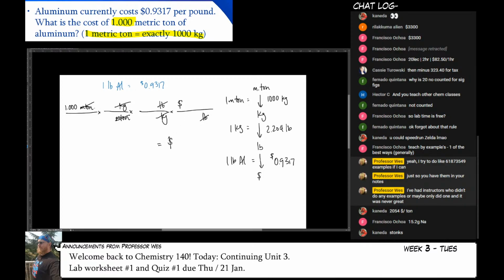All right, so we should get an answer in dollars if we do this math right. Let's do the numbers. So 1 metric ton is 1,000 kilograms. And then a kilogram is 2.204 pounds. And then 1 pound of aluminum is 93 cents and 17/100ths of a cent.